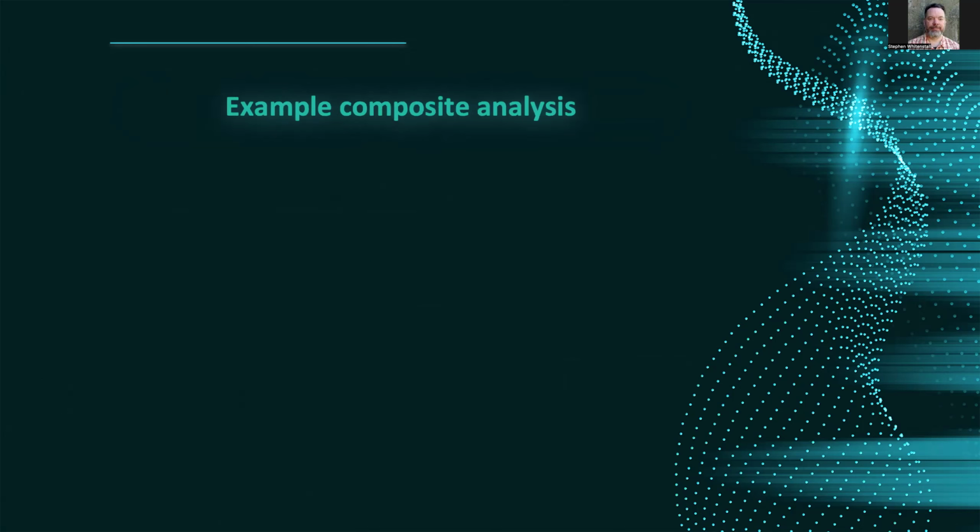So what would this look like in practice? What would an example composite analysis look like? What if our goal was to detect imbalance in participatory governance? The algorithm chain might look something like this.